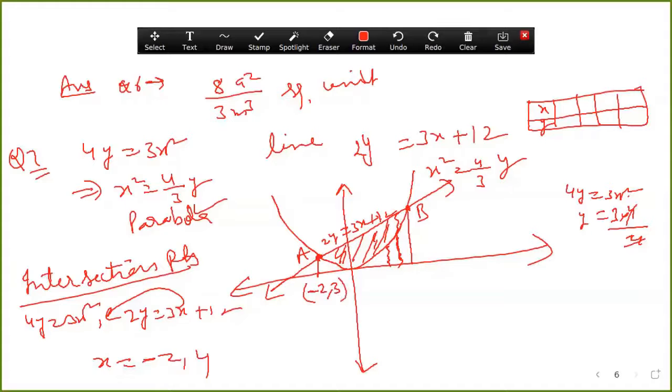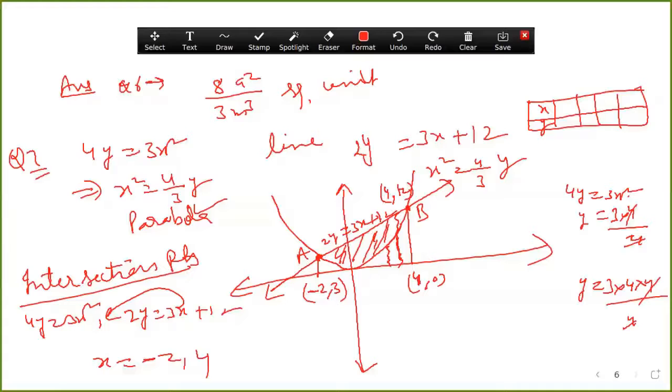So A is minus 2 comma 3. And for point B, if x is 4, then y will be equal to 3 into 16 upon 4, that is 12. The value of B is 4 comma 12. These are the intersection points A and B.